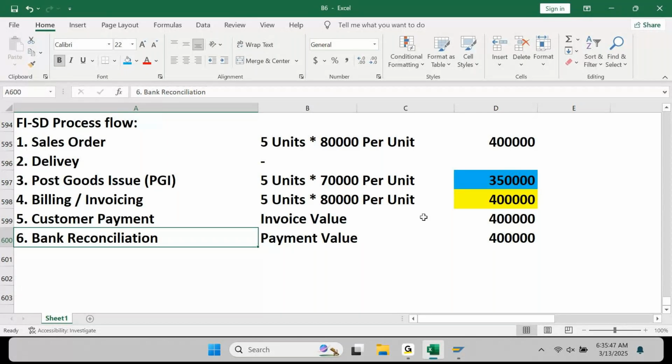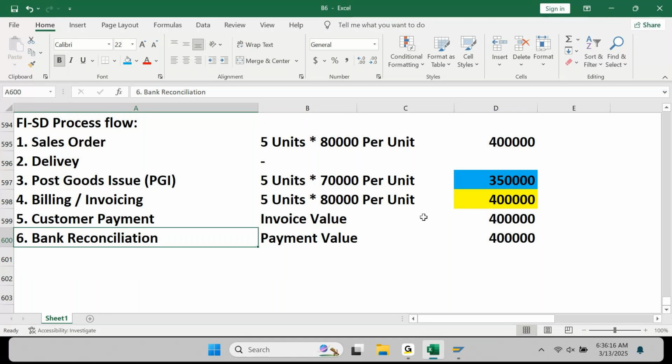Because all your sales are identified by sales document number, maybe sales order, maybe billing document. With the help of it, it will be updated. And yesterday, when we were creating the organization structure or the FI-SD integration, you created different points like sales organization, division, distribution channel, sales areas, sales office.